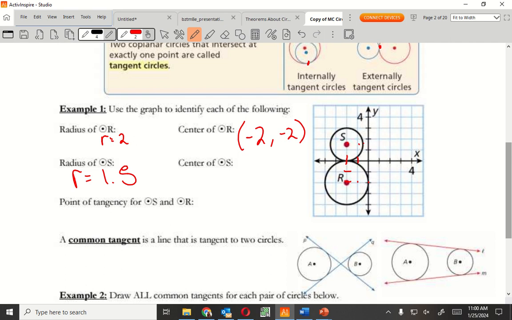Center of S. Okay, you ready, Talia? What's the coordinate for the center of S? So x value first.